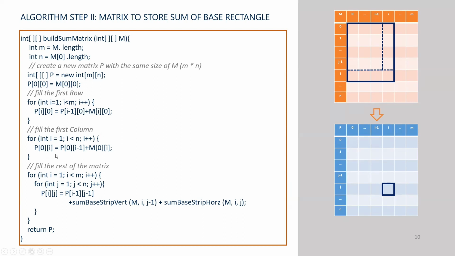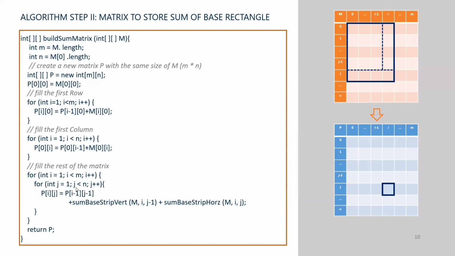For int i equals 1, i less than N, i plus plus, P[0][i] equals P[0][i minus 1] plus M[0][i]. So now we got this row and this column.